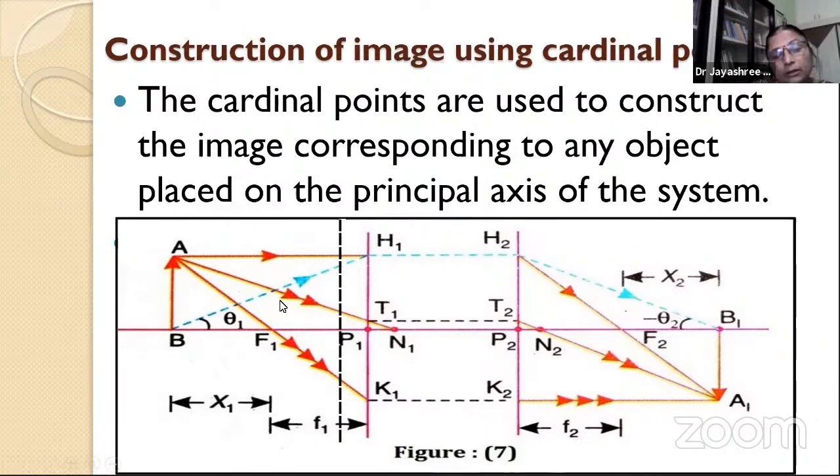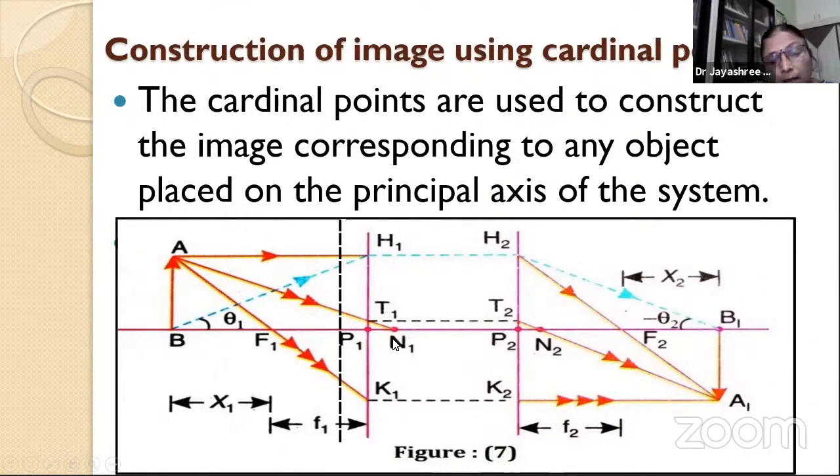And basically the third ray, as shown in the schematic, is AN1. It is drawn directed towards the first nodal point, N1. This is the third ray, and this is your nodal point N1.